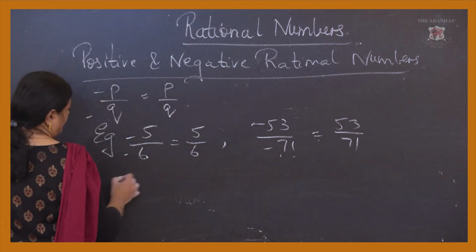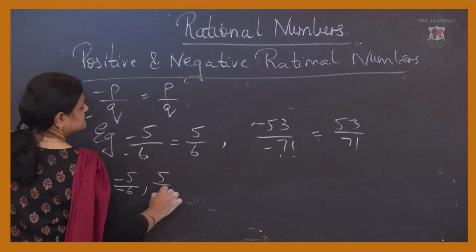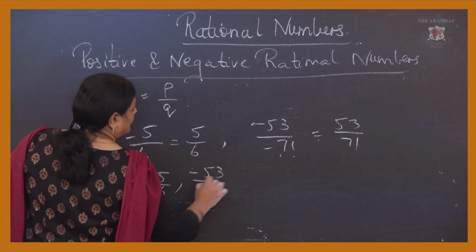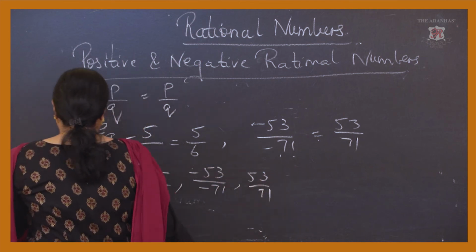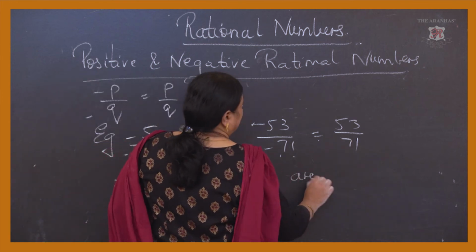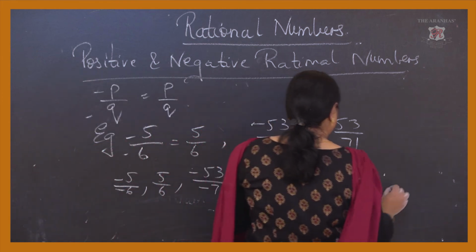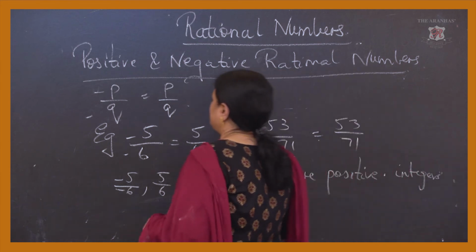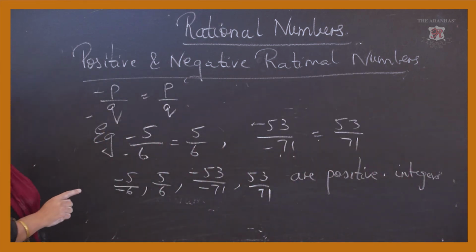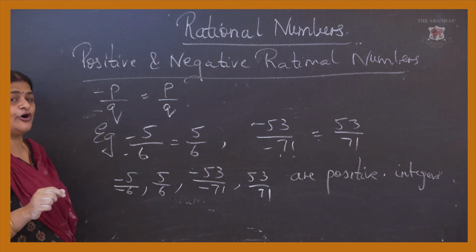So here minus 5 upon minus 6, 5 upon 6, minus 53 upon minus 71 and 53 upon 71 are nothing else but positive rational numbers. I have taken minus p upon minus q is equal to p upon q.